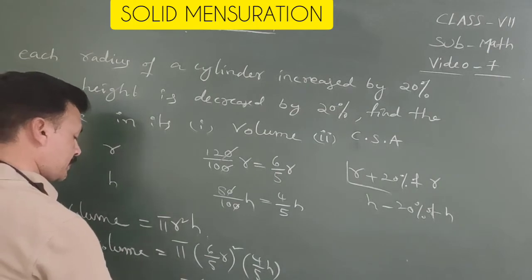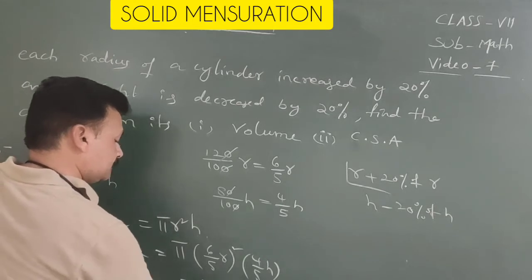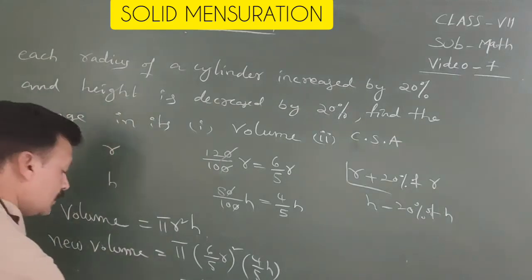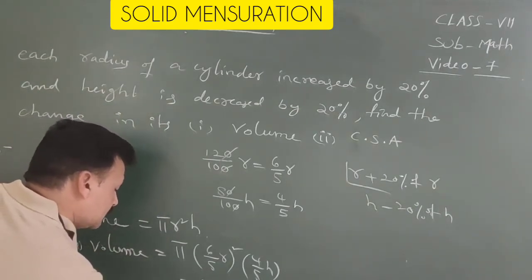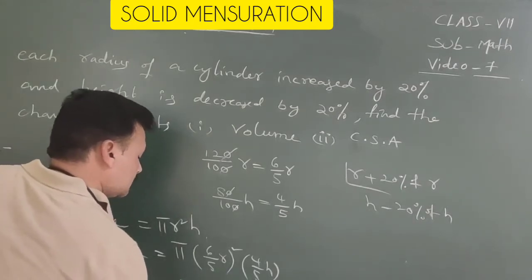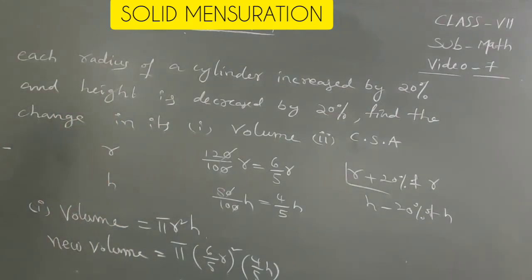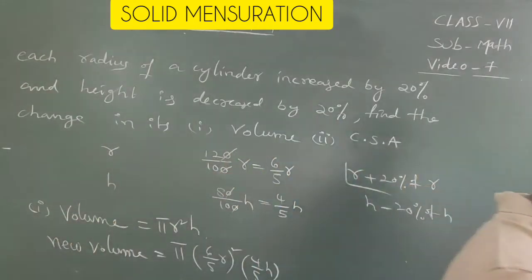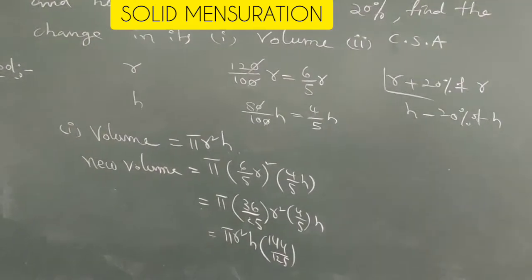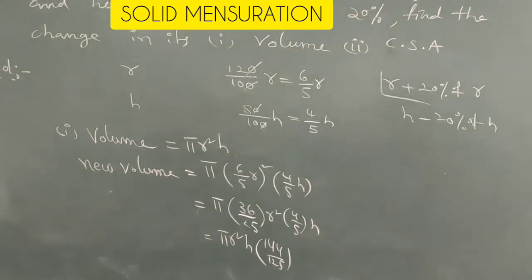Now pi, here 36 by 25 r square, and 4 by 5 h. Here pi r square h of 36 fours 144, 25 fives 125. So the change is pi r square h into 144 by 125. The change is 144 by 125, that much increased.